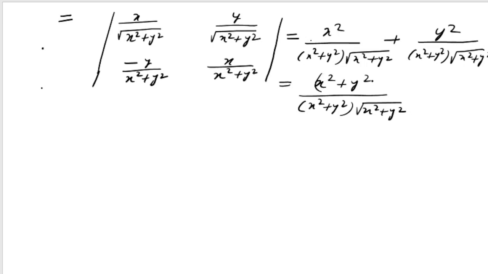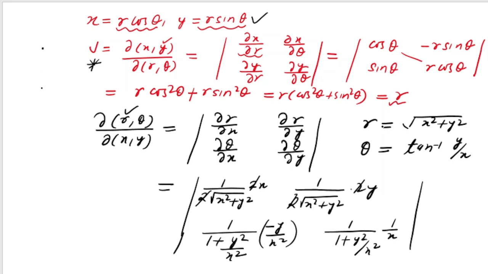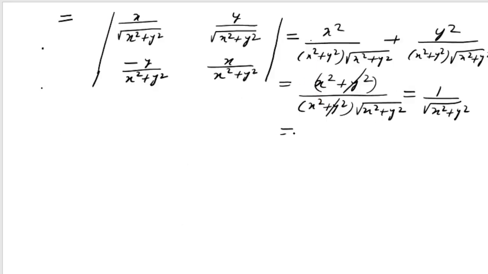So this term here, x square plus y square, and this term are cancelled. So I get 1 by under root x square plus y square, and this is nothing but, as you have seen, r is equal to under root x square plus y square. So what I have got is 1 by r.